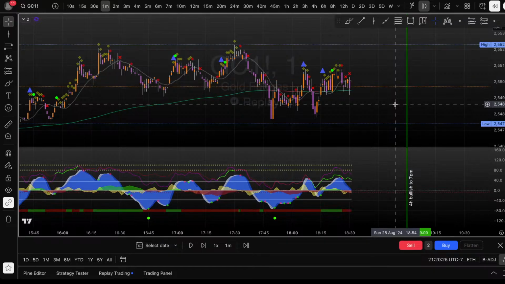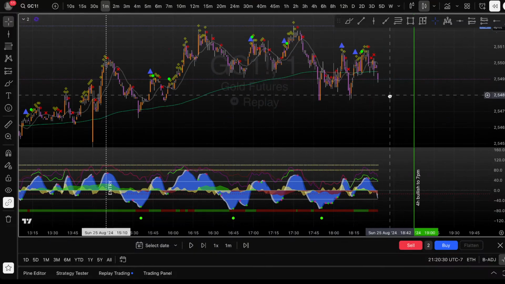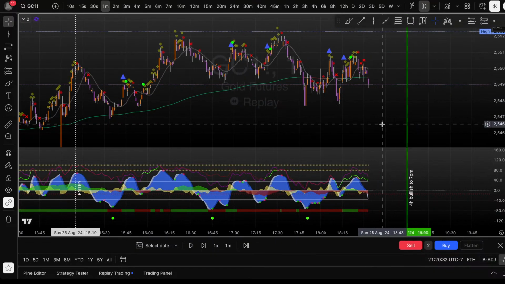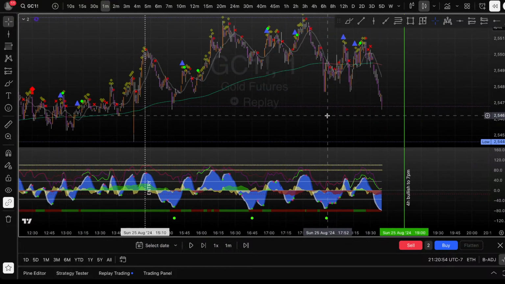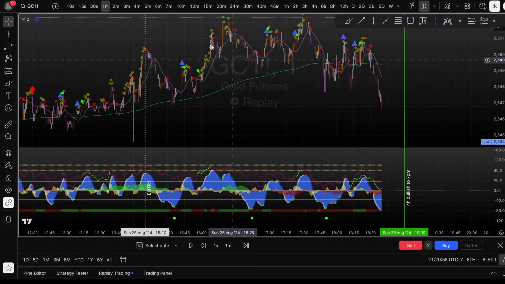Just need these bears to let go. I mean, look at this buildup. Green RSIs. Come on, just sweep it and get back up there. $25.